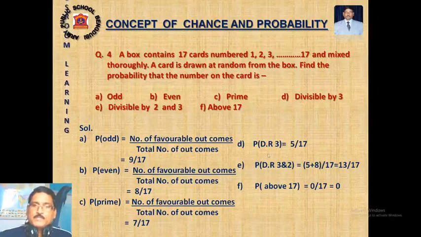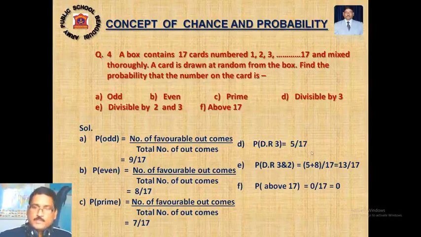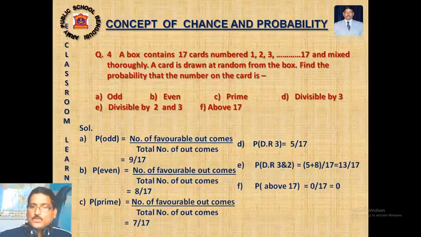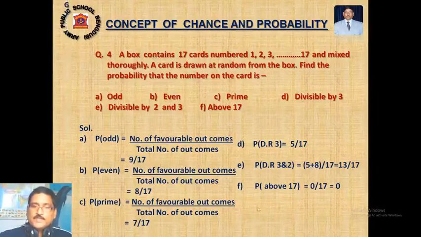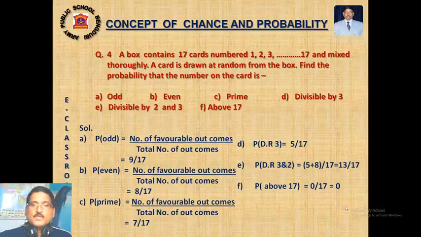P of divisible by 3, 5 by 17. P of divisible by 2 and 3: by the divisibility rules of 3 and 2, 3 gives 5 and 2 gives 8. After adding, I am getting 13 by 17. P of above 17: there is no number marked above 17, so 0 by 17 equals 0.